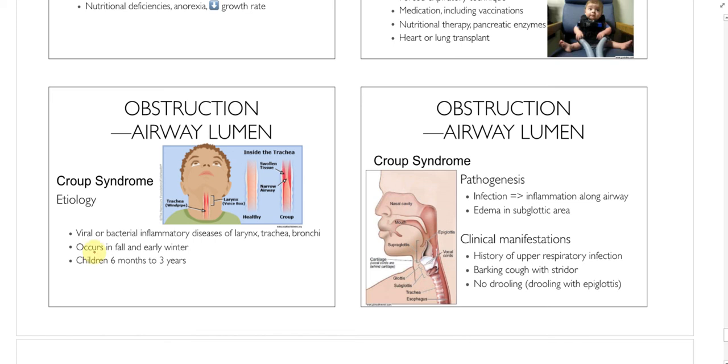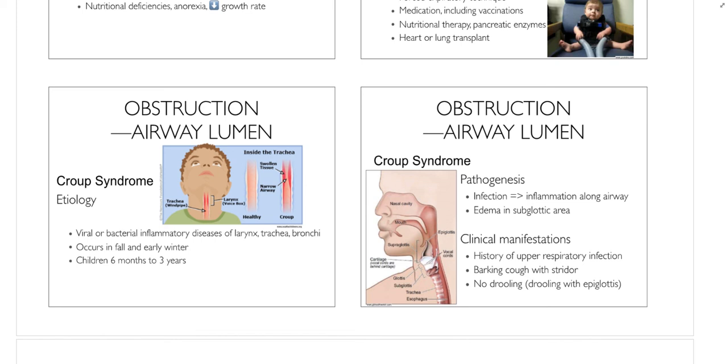And croup syndrome can occur generally in fall or early winter and affects most often children who are 6 months to 3 years of age. So we have some form of infection that leads to inflammation along this thin portion of the airway. We develop then edema subglottically in that airway.